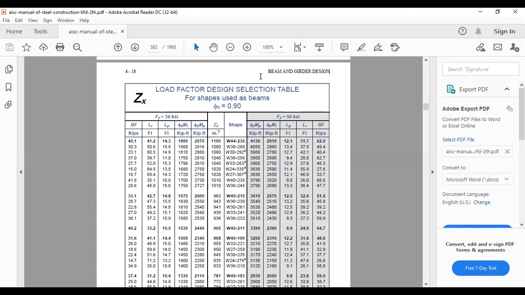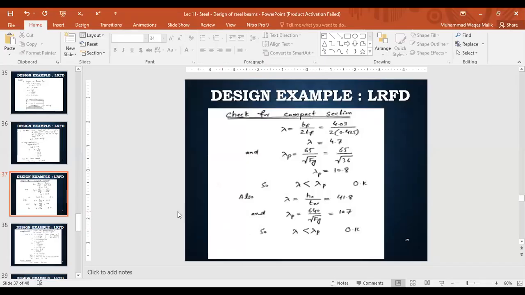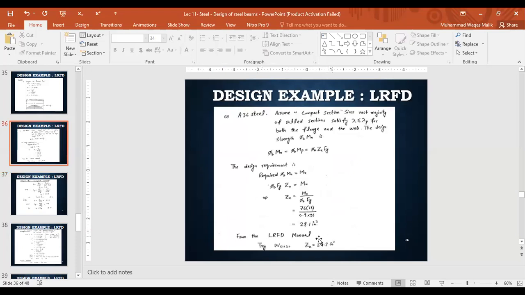In chapter 4, you are given the table having the values of the plastic modulus Zx, and it's mentioned that for shapes used as beams, the value of φb is 0.9. What you are going to do is find the value of Zx that we found using the equations in the last step, and the value that we found is 28.1.